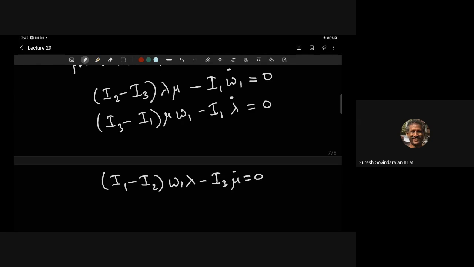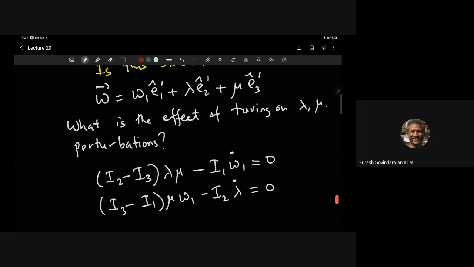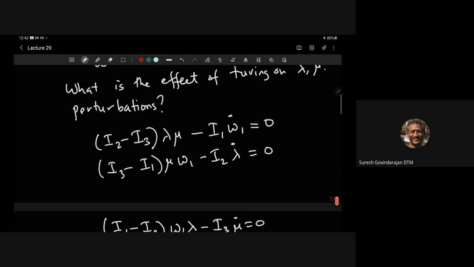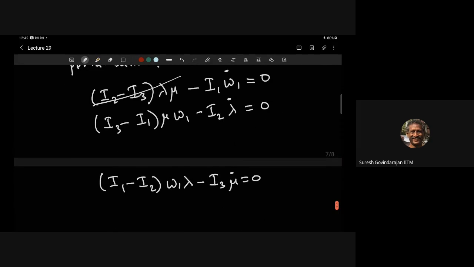I think so. Thank you. Now the whole point is that lambda and mu are supposed to be small, so lambda times mu is very small, so we throw this term out. We set it to 0. We are doing only first order, and omega 1 is constant, so omega 1 dot doesn't change.